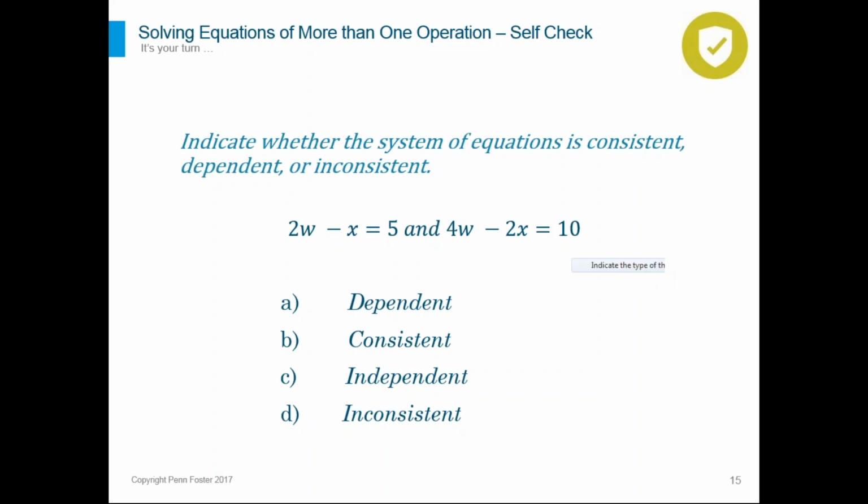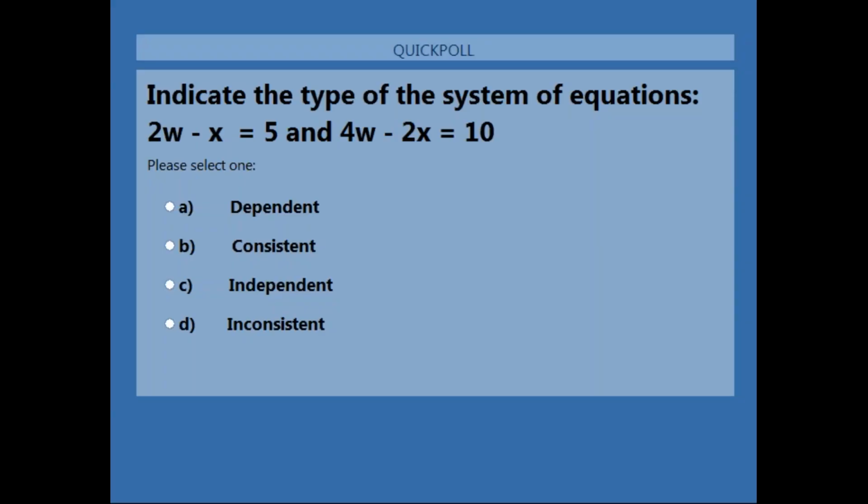Okay, I'm going to put the question up for you to try. So which kind of system are we dealing with here? Dependent, consistent, independent, or inconsistent?